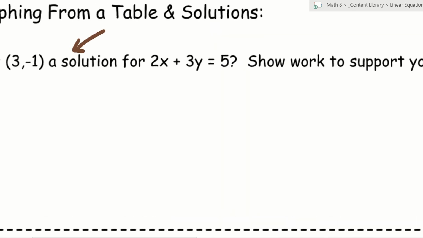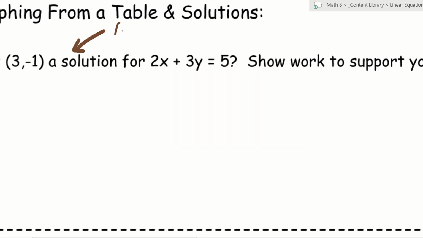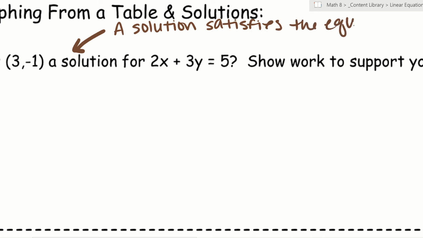Okay, so a solution, that is not thin, huh? Give me 1 second, my dears. A solution satisfies the equation. Okay, meaning makes it true.